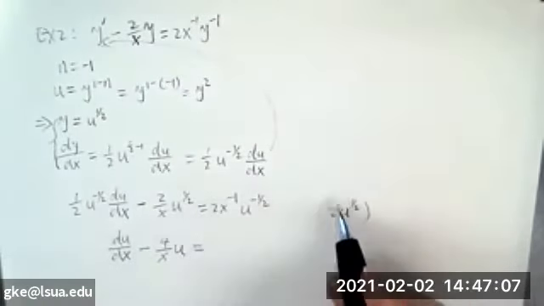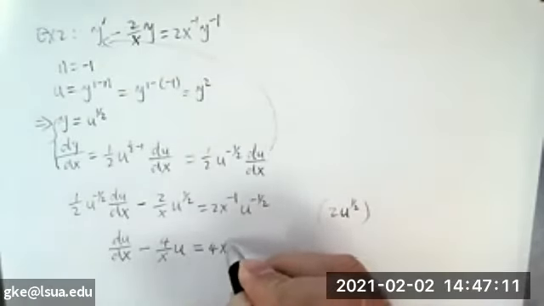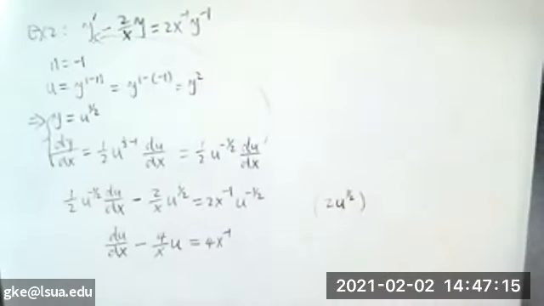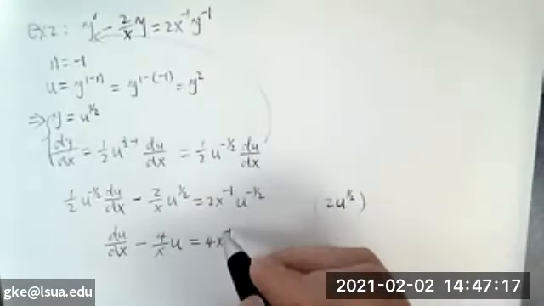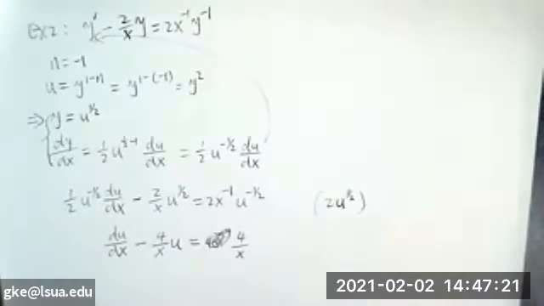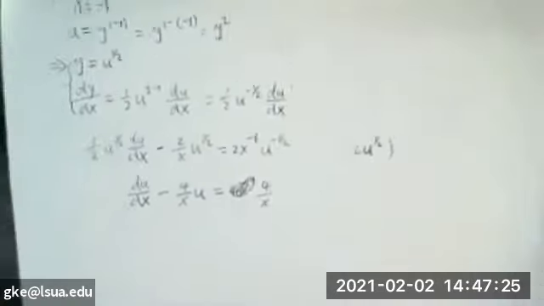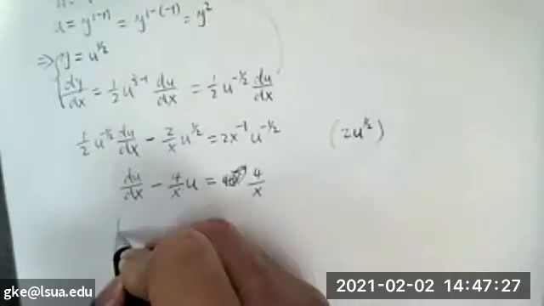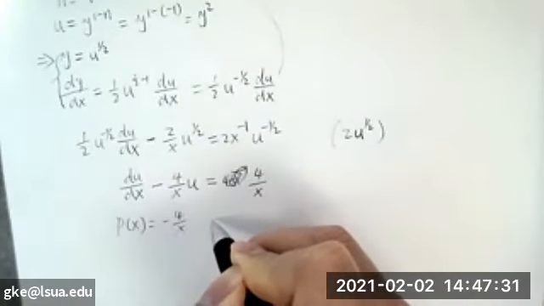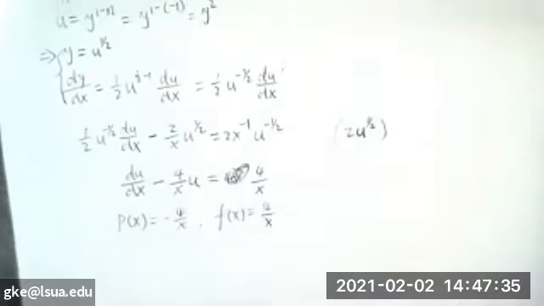And this side is 0, or you can write it as 4 over x. So now you can see p(x) equals this and f(x) equals this.